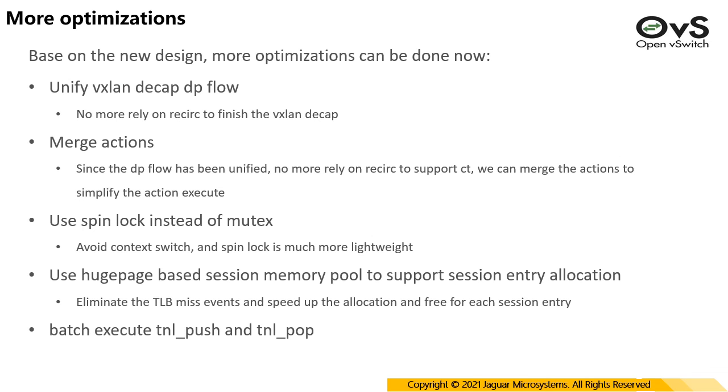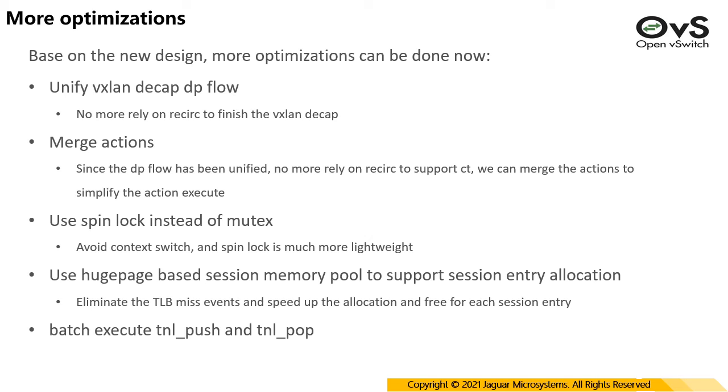Based on the new architecture design, more optimizations can be done now. For example, we may unify the VXLAN decap datapath flow, and then there is no more recirculation on both the TX and RX direction. The datapath flow has been unified. We can merge the actions in pairs, such as the push VLAN and pop VLAN actions, to simplify the action execution.